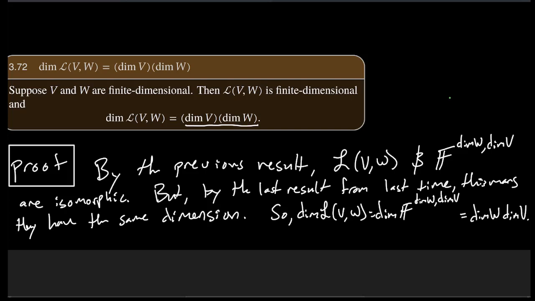So instead of having to try to find a basis for L(V,W) and prove that this basis always has the same length no matter what W and V you pick, provided that they are of the same dimensions as the other W's and V's you might pick, that is for fixed dimension, now we can just move it straight on over to F^(dim W, dim V), and that one, we already know how to calculate its dimension quite easily. So this is a very good trick. Let's use it some more.